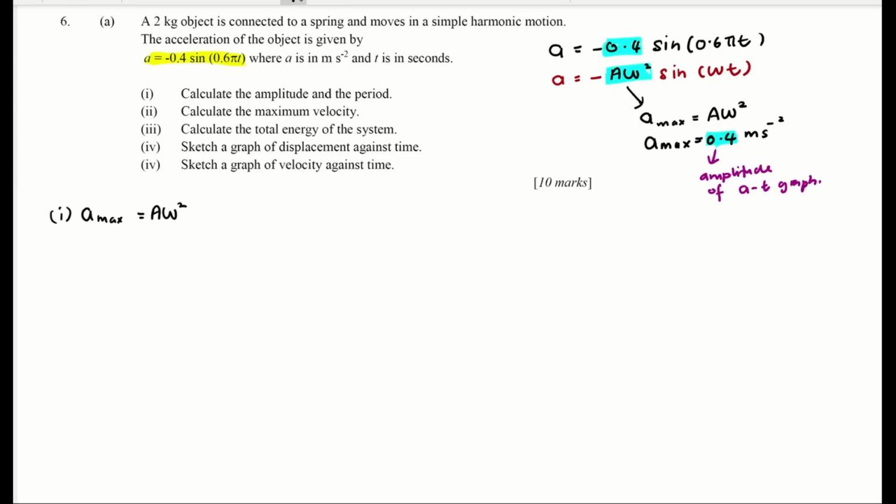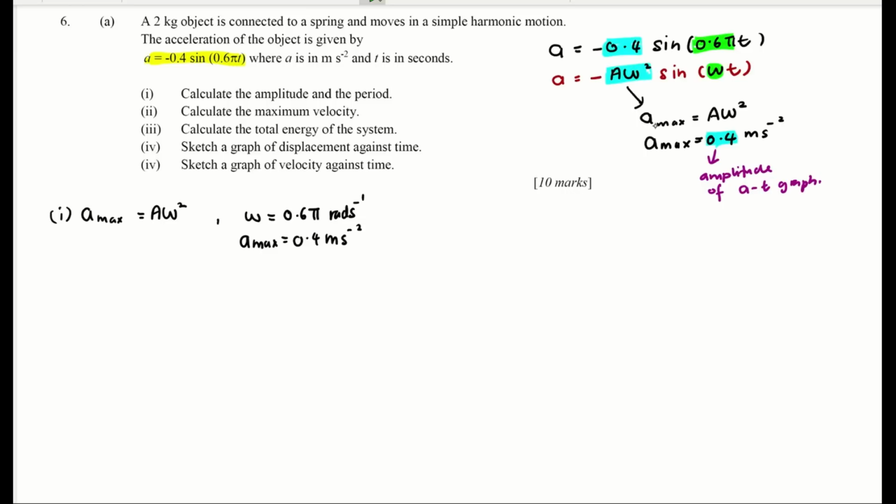And then remember from the equation, we also can get the value of omega, which is equal to 0.6 pi. So we can write that omega is equal to 0.6 pi radian per second, and A maximum is equal to 0.4 meter per second squared. So now we can calculate A, which is the amplitude.